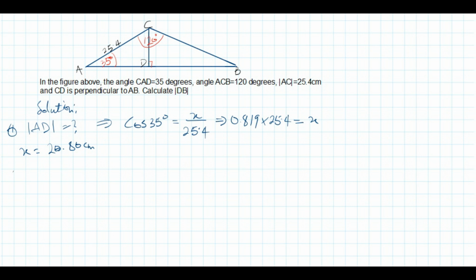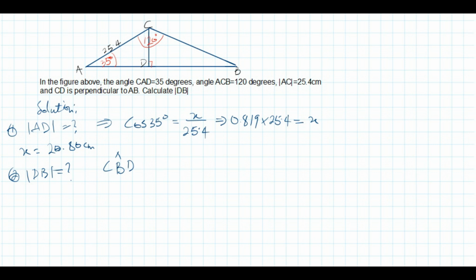So we move on to part 2. With part 2, that's when we are looking at our length DB. What we have to do is look for an angle within our triangle ABD. So this is the triangle, but we are looking for angle B. So how do we get angle B?